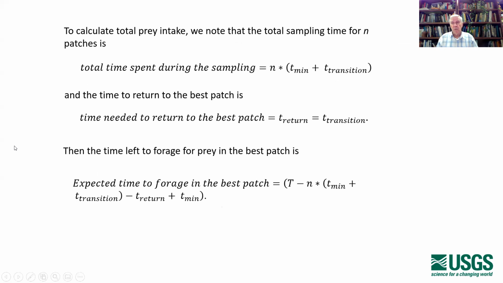So given the energy content in the best patch, we can calculate the expected energy intake over the course of a day using this approach. So we know for the total sampling of n patches, the total time spent in the sampling is n times t sub min plus t sub transition. That is the total time it takes moving from patch to patch, plus the sampling within that patch.